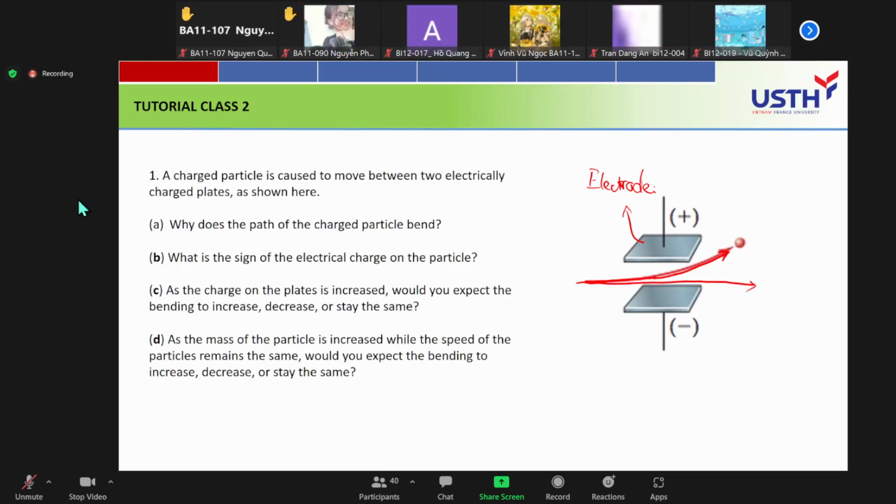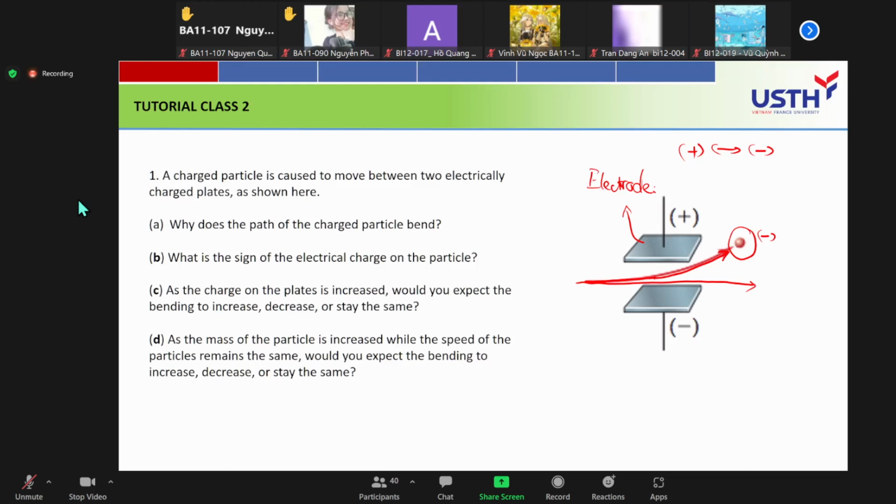What makes the particle bend is the interaction between the negative and positive charges and the charge of the particle. Positive charge attracts negative charge, so the particle bends toward the positive electrode. It means the interaction between the positive charge here and the particle is attraction, not repulsion.